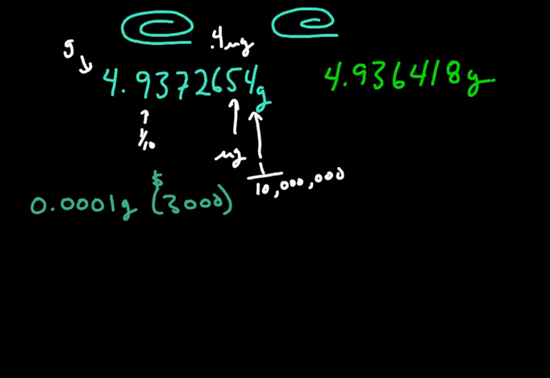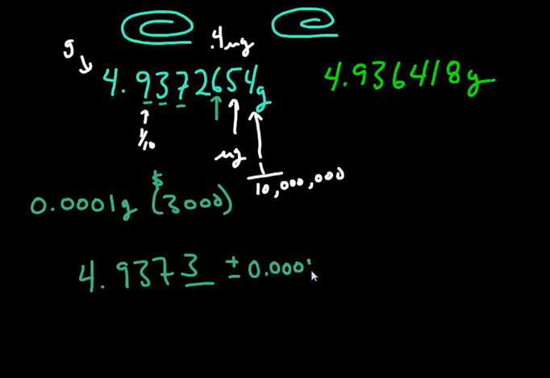Well, it would read out 4.937. And what would it do with this digit? It would judge based on this, and it would round it up, and we would get a 3. And then we would say our uncertainty is that. Does that jive with what we have here?